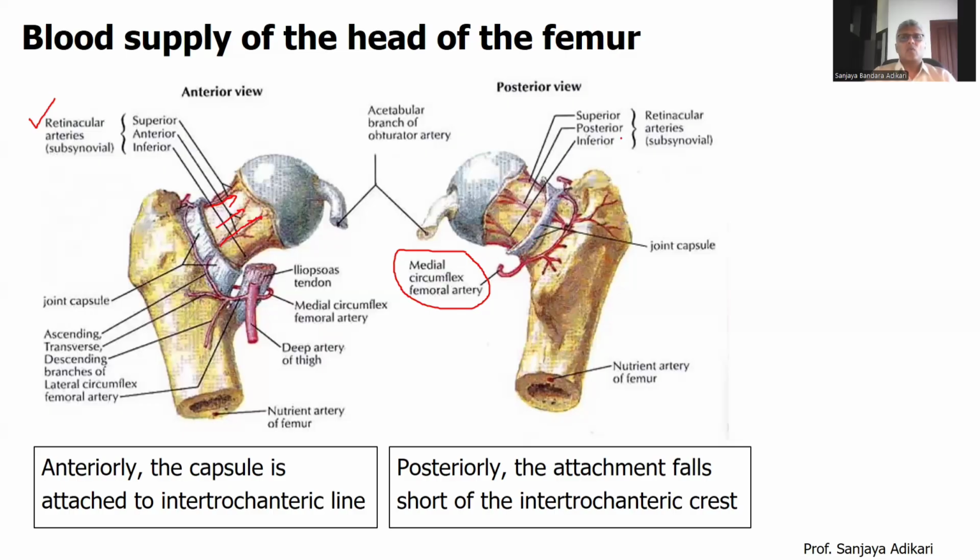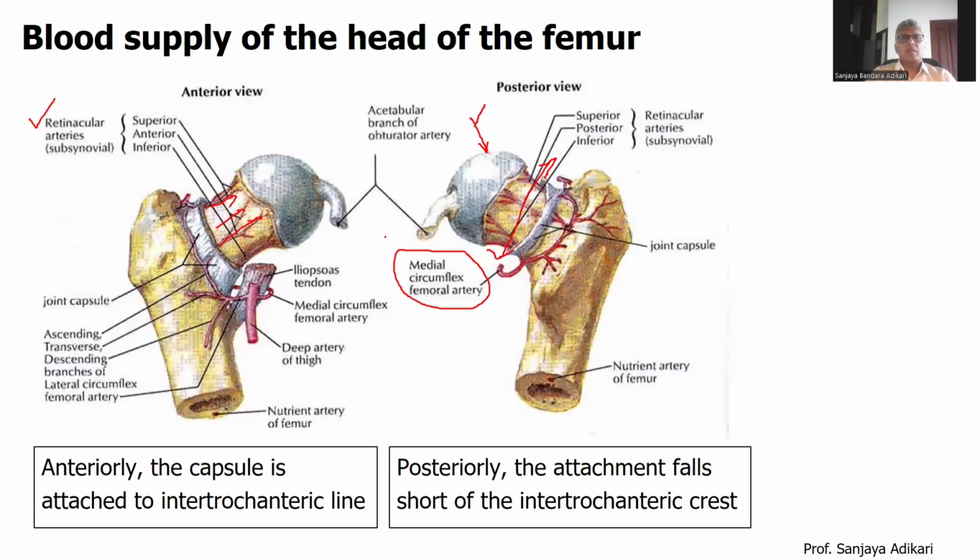These are subcapsular, subsynovial arteries. If you fracture the neck, especially in intracapsular fractures, you can damage the retinacular vessels and the head of the femur can undergo avascular necrosis, because unlike in children before puberty, in adults the head largely depends on the cruciate and trochanteric anastomosis blood supply.